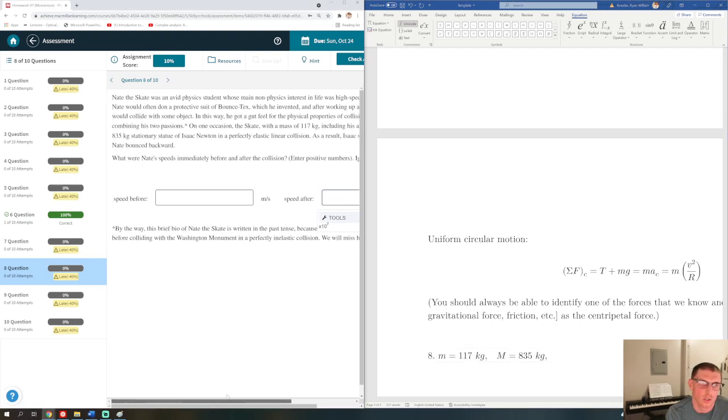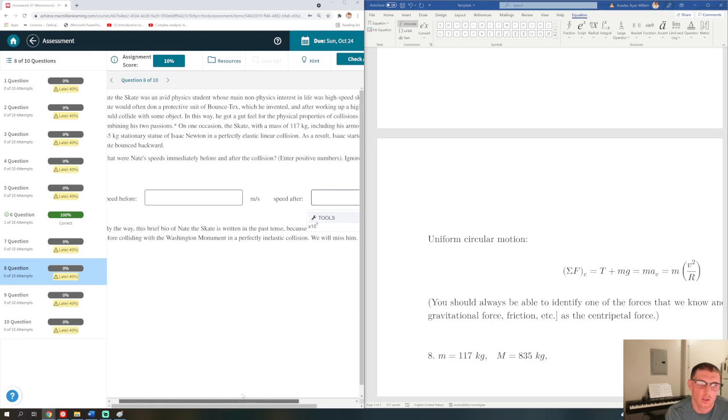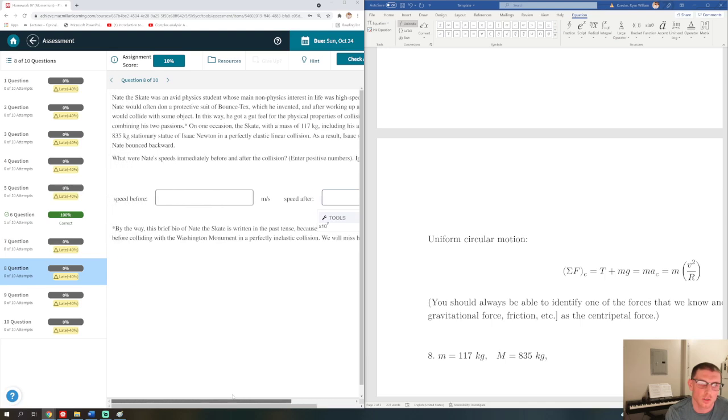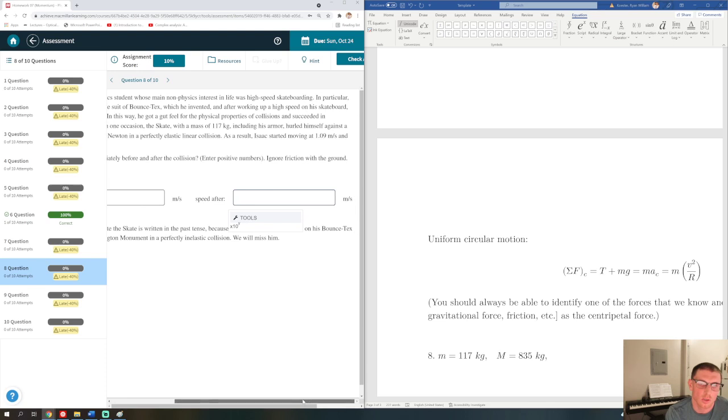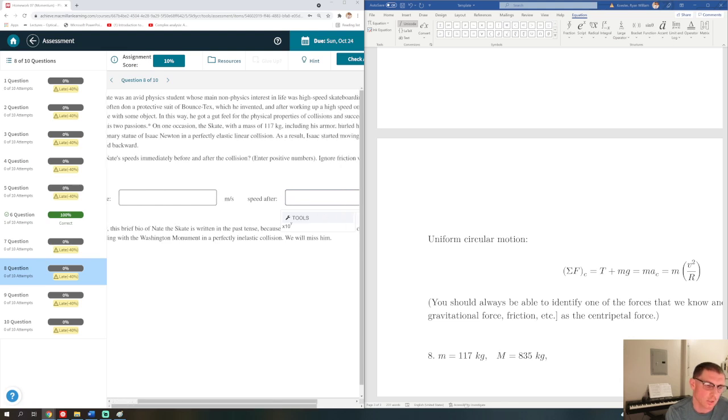Nate hurled himself against a stationary statue of Isaac Newton in a perfectly elastic linear collision. As a result, Isaac started moving at 1.09 meters per second and Nate bounced backward.